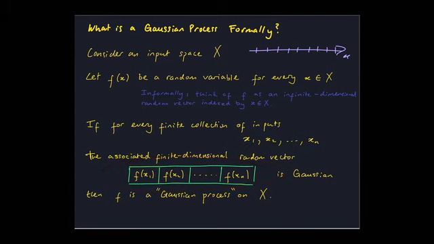Legitimately, it is a random vector, because we're inspecting the function on a finite set of inputs. And if this random vector is Gaussian for any finite collection of inputs, then we would say that f is a Gaussian process. This is the formal definition. It's an infinite dimensional object where any finite inspection of that object is a Gaussian vector, which is related to what we were talking about on the previous slide.